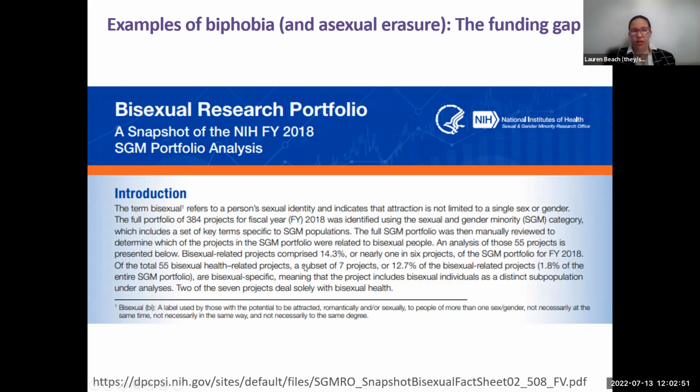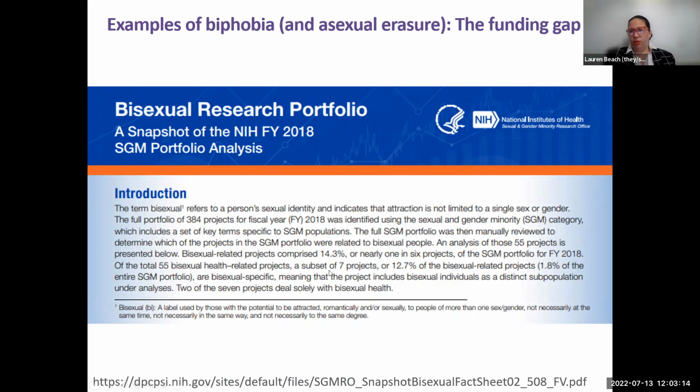But when I pushed NIH to break this down further, because they initially released a version of this report and then revised it based on a critique, they found only 7 of those 55 projects were bisexual specific, meaning that the project said that they would be doing analyses that would distinctly focus on the outcomes of bisexual people.